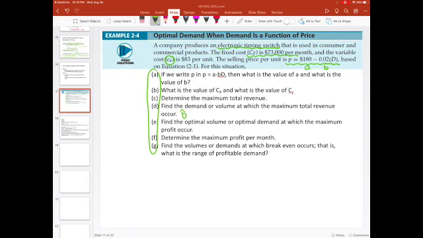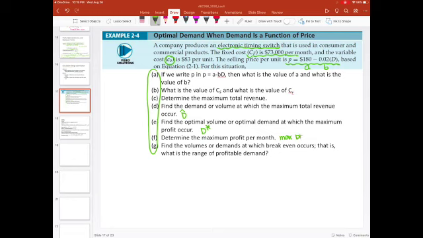Question E, find the optimal volume or optimal demand at which the maximum profit occurs. That's the D star. Remember that we said these two are different. D hat and D star, okay? They're different things. Question F, determine the maximum profit per month.